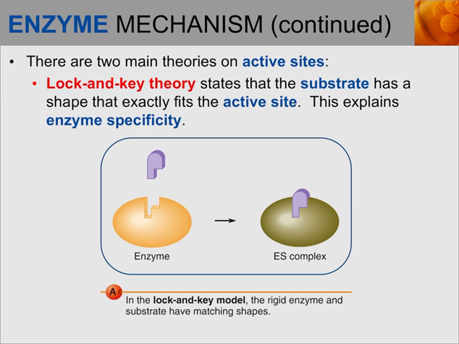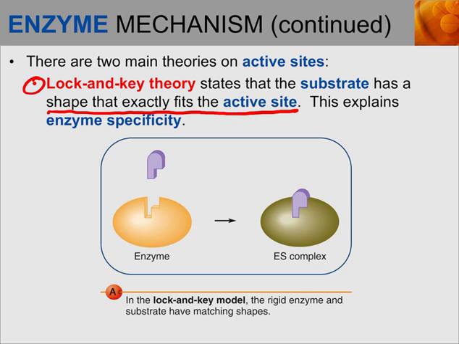Now there are two main theories on how substrates fit into the active site of an enzyme. The first one is called the lock and key theory. This is pretty self-explanatory. This theory states that the substrate has a shape that exactly fits the active site, like a key in a lock.